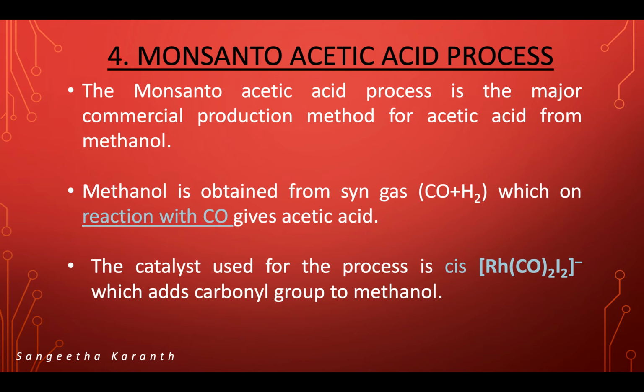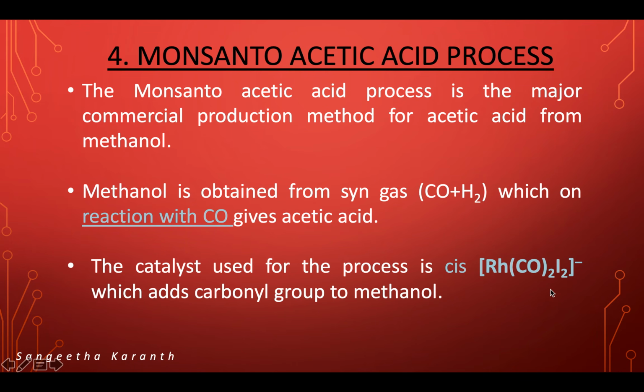So coming on to the next application, the last application, that is the Monsanto acetic acid process. This process is the major commercial production method for the preparation of acetic acid. So we take methanol as a reactant and we get acetic acid as a product, and for this method we use this catalyst. You can see this catalyst, specifically the cis isomer: dicarbonyl, diiodo, rhodium, 1 anion.